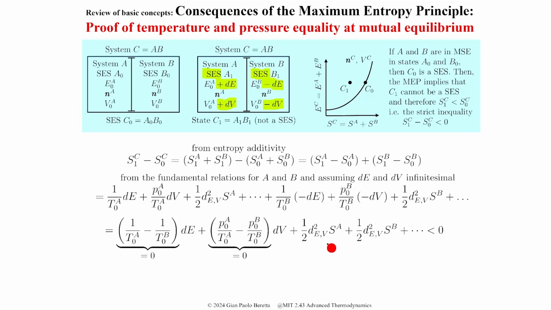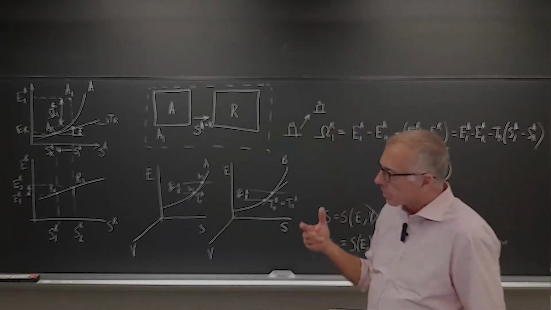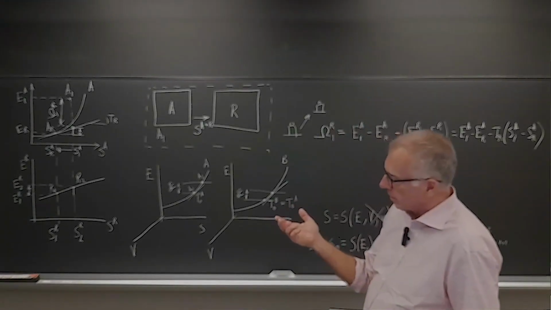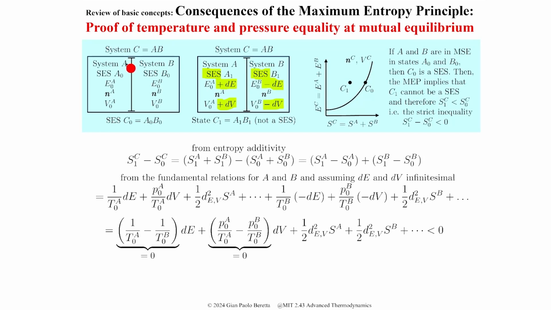And of course, then the burden to keep the inequality satisfied is going to be shifted to the second order terms in the expansion, which are going to be negative. Right? So essentially what we proved here is that in order for that system to be in a stable equilibrium state, the two temperatures must be equal, and also the two pressures must be equal.